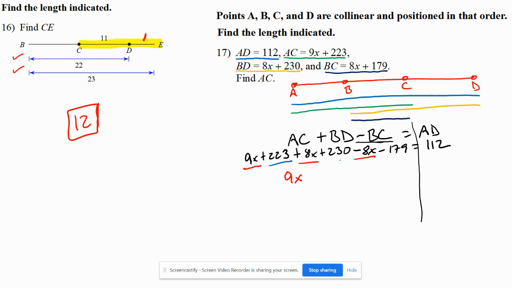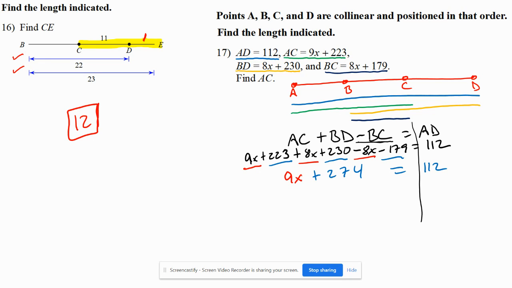Now 223 plus 230 minus 179. Do grab a calculator if you need to. That should give you 274. And I know this is equal to 112.